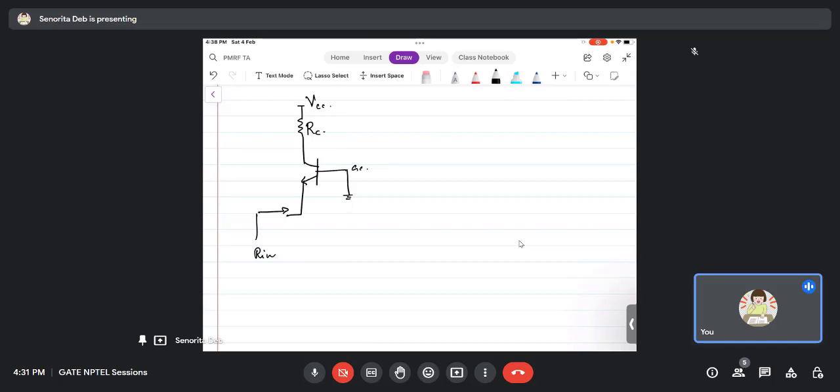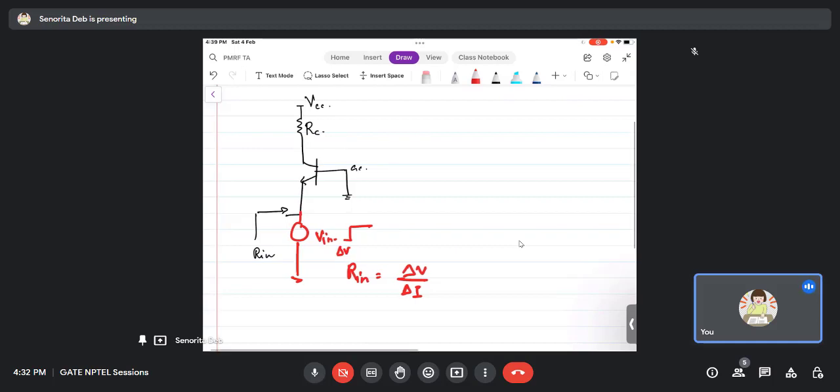Intuitively, say I had this Vin here, and the V changed by delta V. Now Rin is nothing but delta V by delta I. If the input changes by some amount, then what is the change in the current supplied by this input, and that ratio gives us the input impedance, right? So if there is a change in the voltage by an amount delta V, then Rin is given by delta V by delta I.